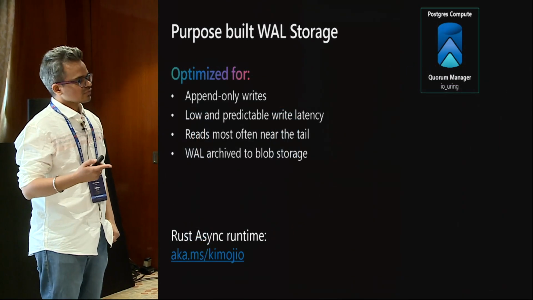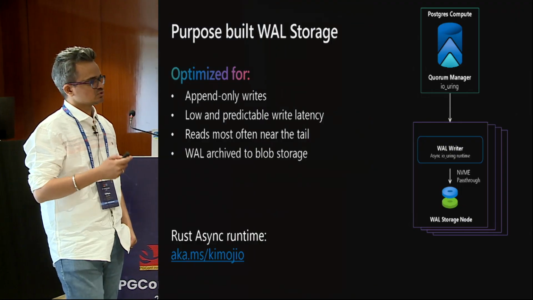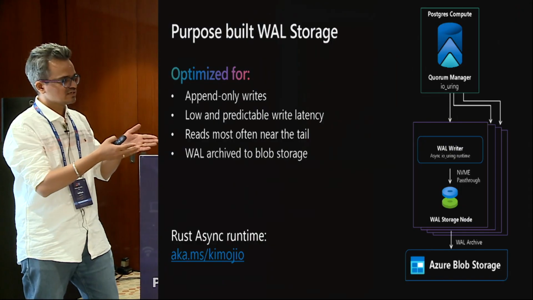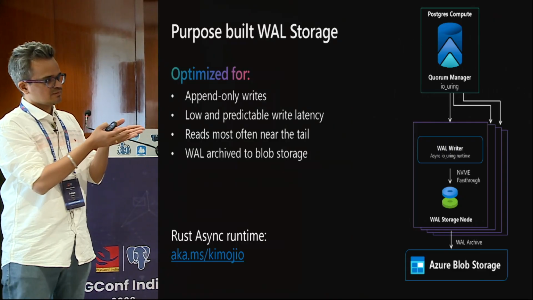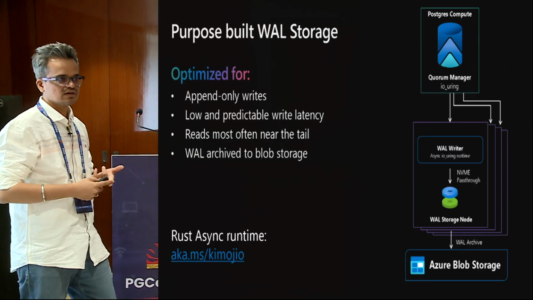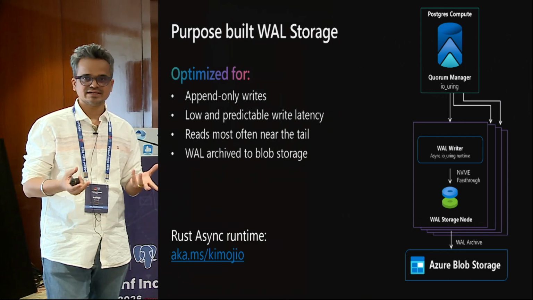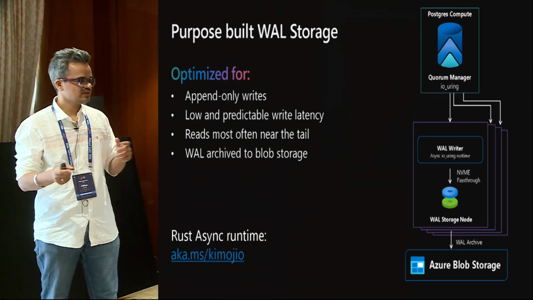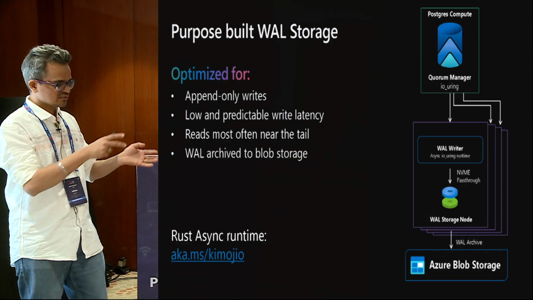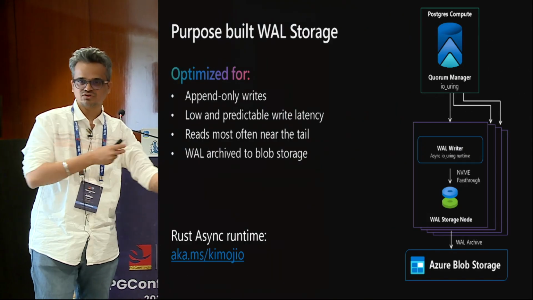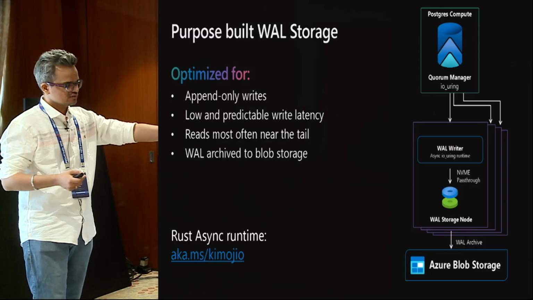So what is this WAL storage? In the WAL storage, we have nodes, and each node has a local NVMe SSD passthrough. We are using io_uring, which is nothing but Linux asynchronous IO calls, and we have written a Rust async runtime on top of it, which we call Kimojio, and you can access it at that link.